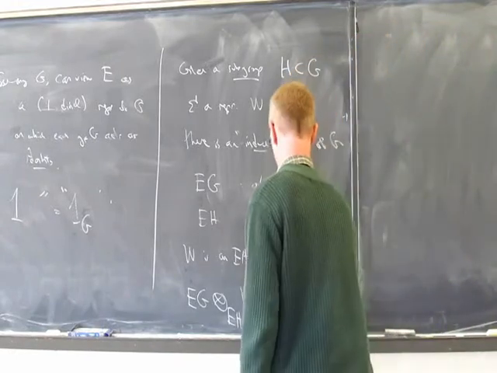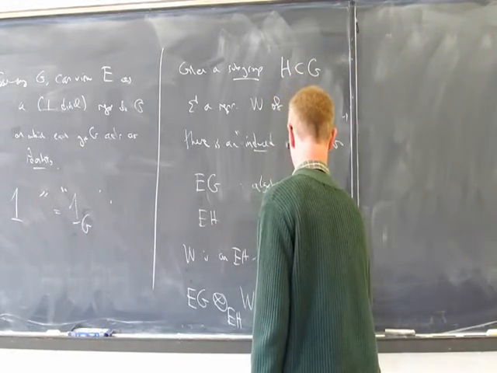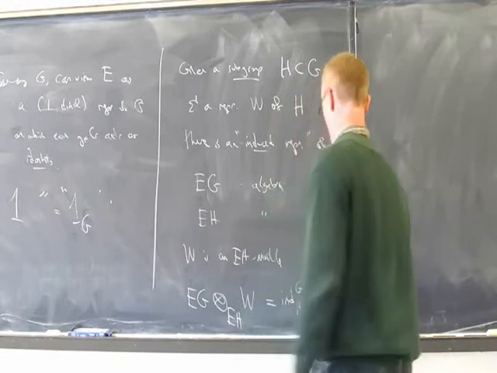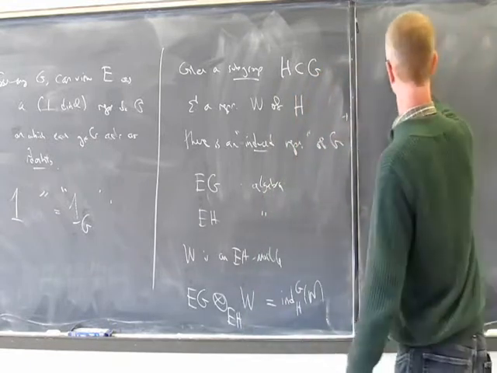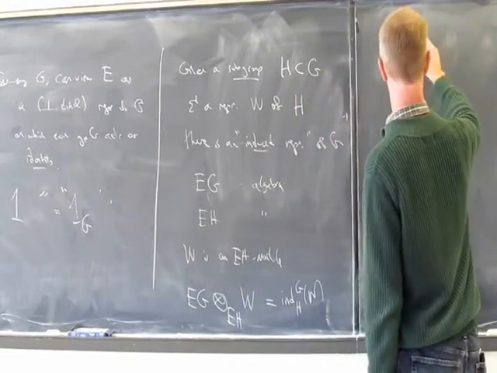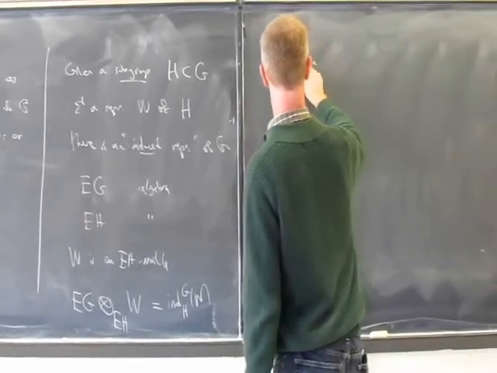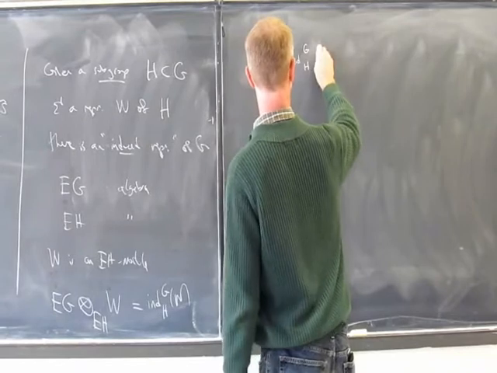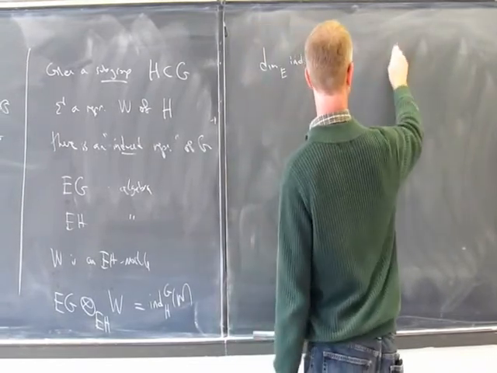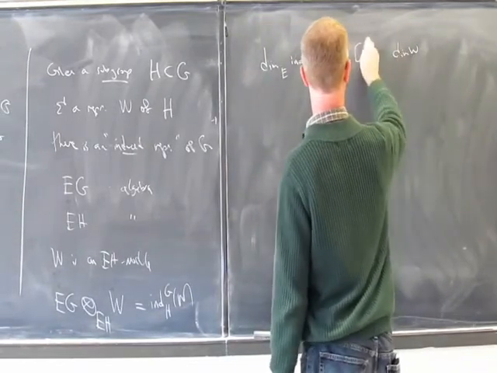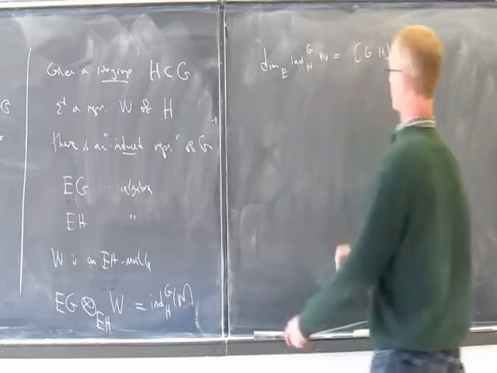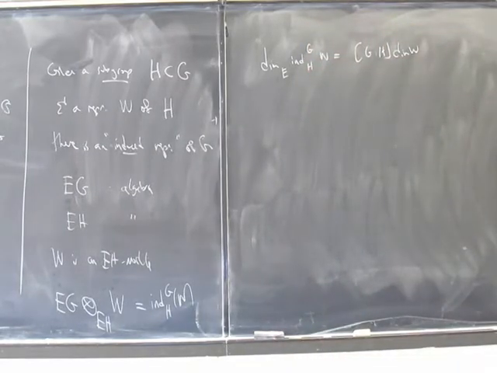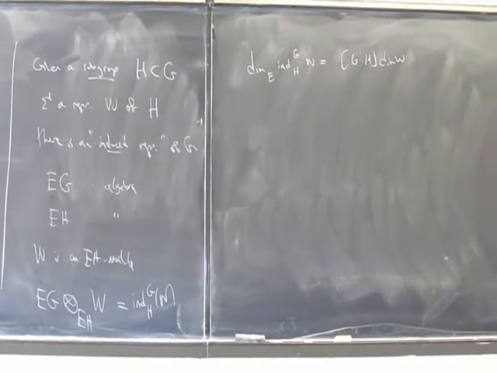So I will write this as Ind_H^G W, and then I'll just tell you that the main thing that we should notice is that the dimension as an E vector space, so this is what I would convince you of, I'm not going to write anything about it, is the dimension of W times the index of H in G. So what does that boil down to?